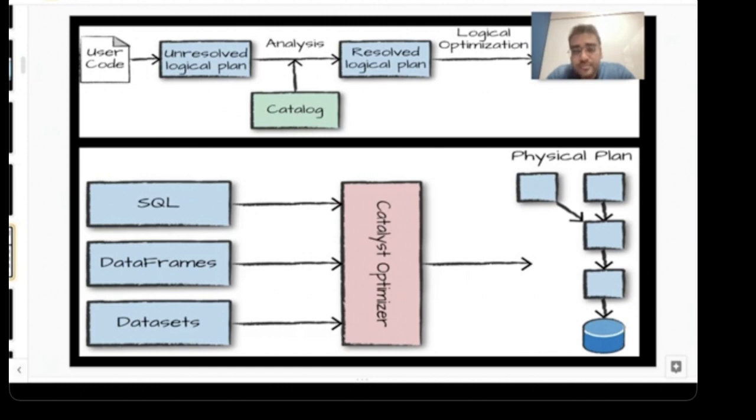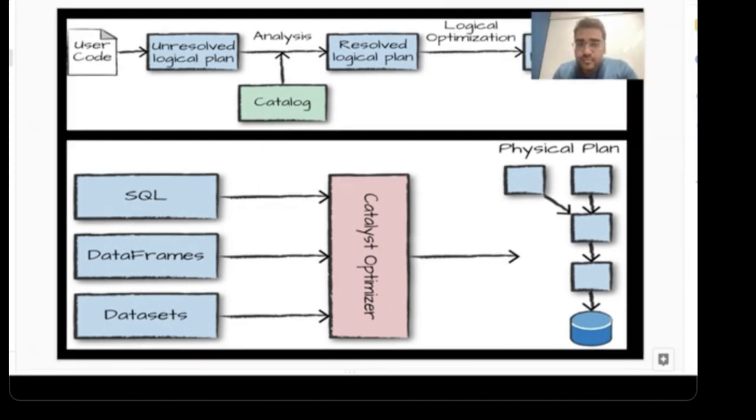So he'll select the plan where he can make the coffee fastest. That's what the physical plan is. Once the physical plan is done, he serves the request.